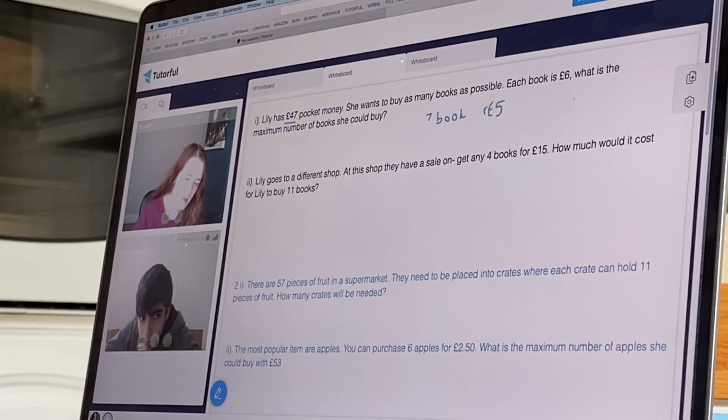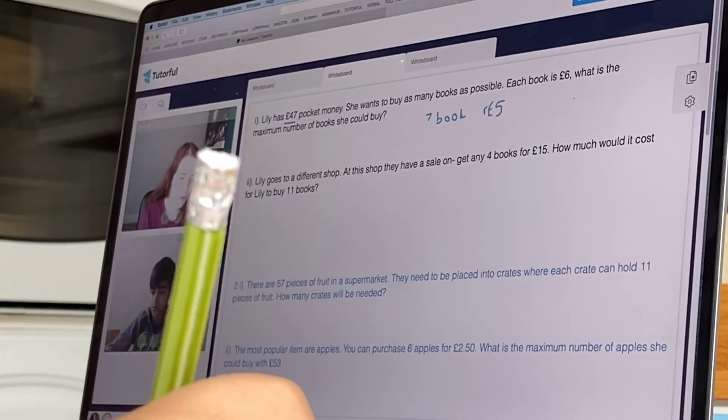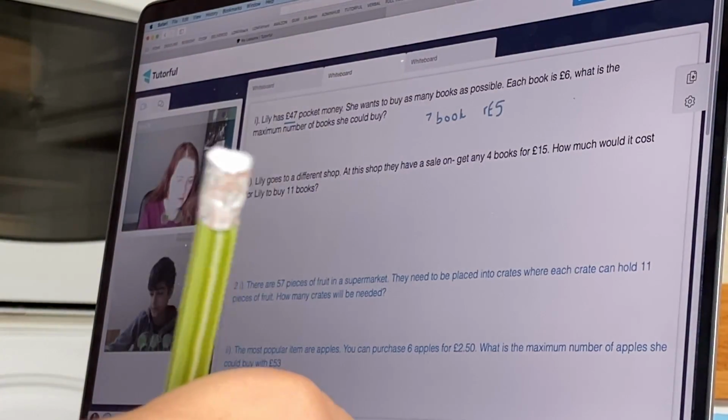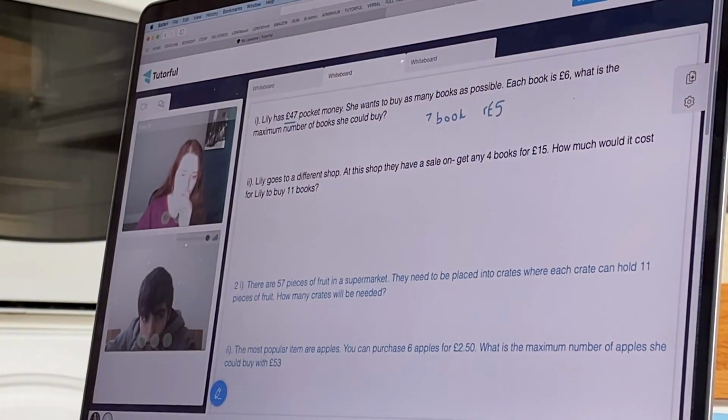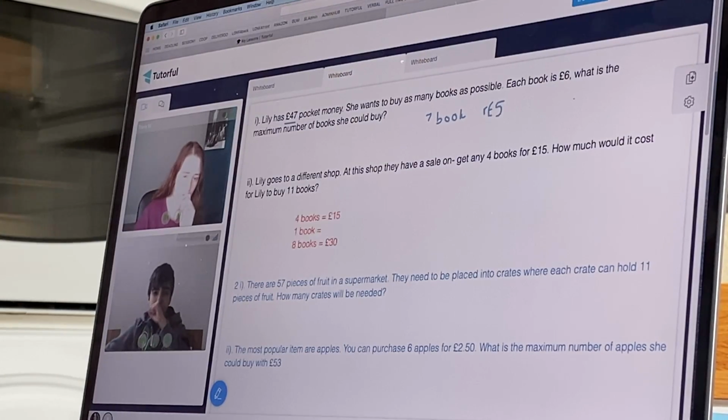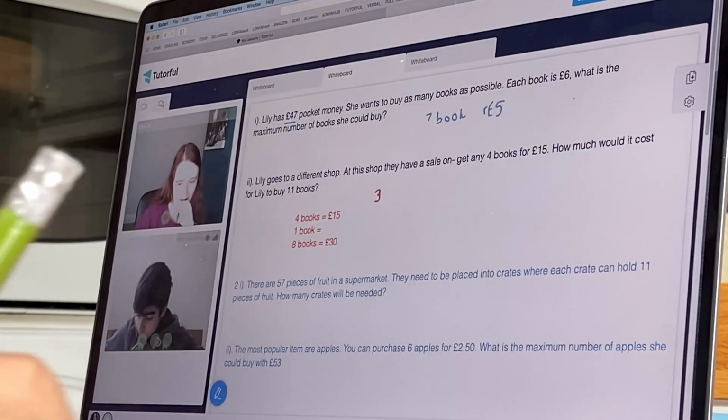Not quite. So how many will one book be? Can you work out what one book is? Divide 15 by 4. 4, 8, 12, 16.